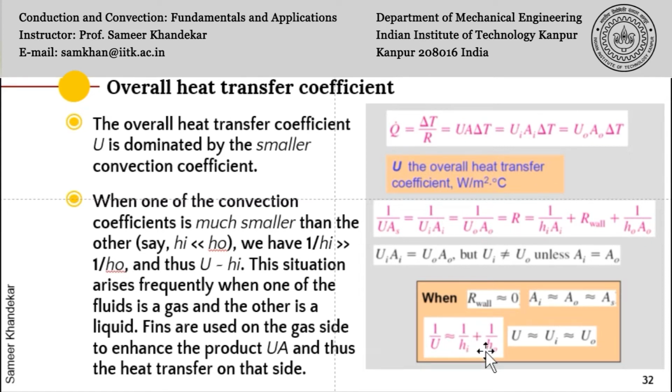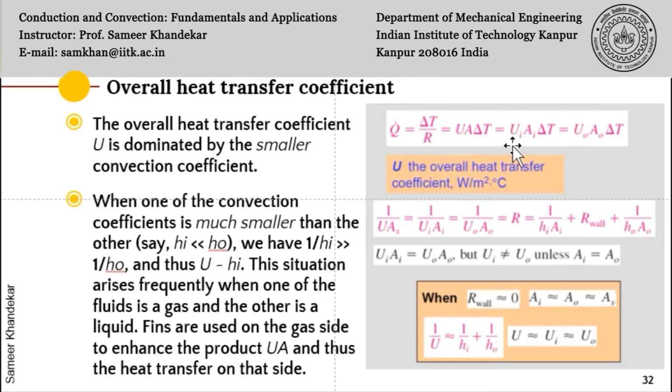So how do we define the overall heat transfer coefficient? We can write something like that. So Q is equal to delta T upon R, which is like the classical statement, where R is the thermal resistance and delta T is the potential required to drive this Q dot, which must be equal to, in simple cases, we write HA delta T, but in this case we will write UA delta T, wherein U will represent all the resistances which come in the process of heat transfer from the hot fluid to the cold fluid.